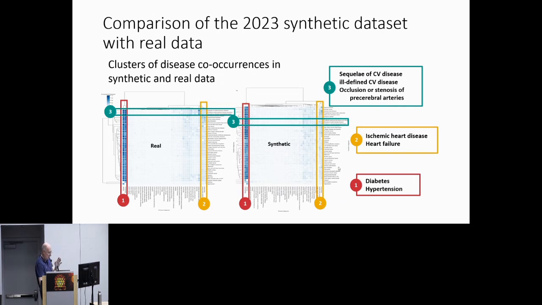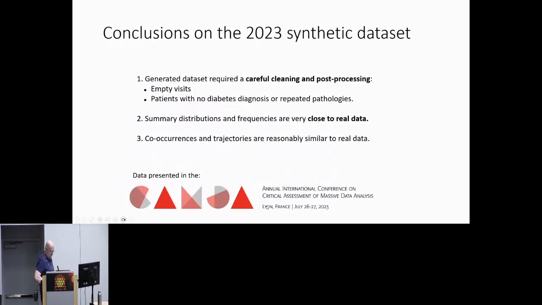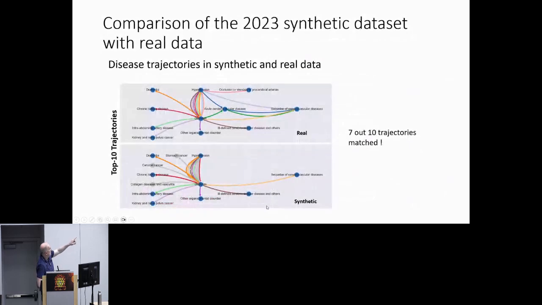And this is also consistent between the two data sets, and also with the disease trajectories. 7 out of 10 trajectories are matched. So we missed that one in between in the real, and it invented a couple of them, but essentially it preserved more or less the trajectories.